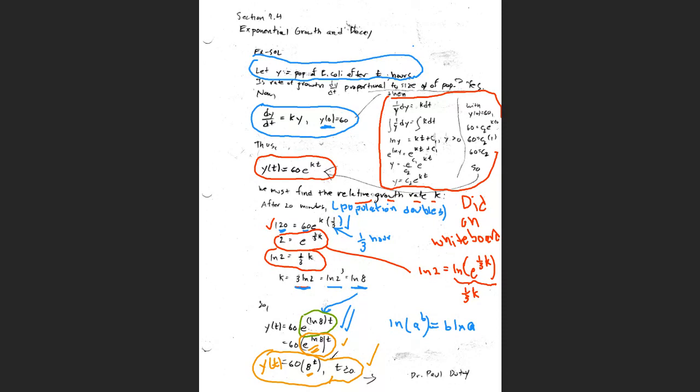Let me see. D'Angelo says, "Why did it go to the power instead of being multiplied?" Hang on. Let me erase here. Can you show me, D'Angelo, where you're focused here? Are you thinking about going from here to here?